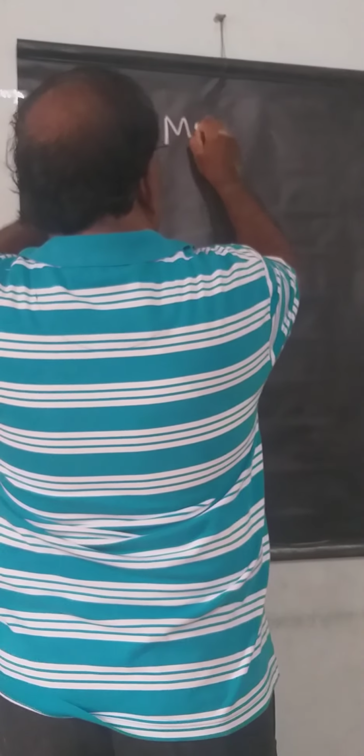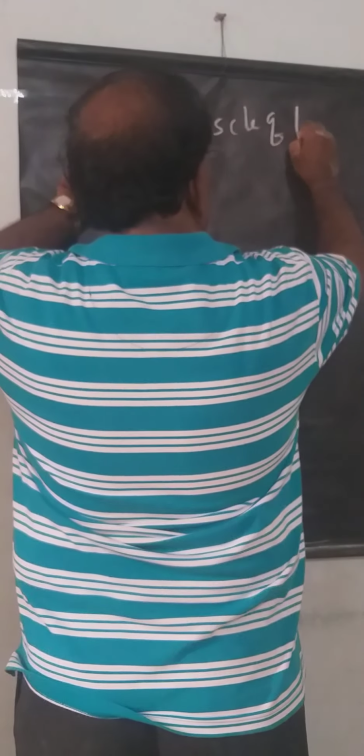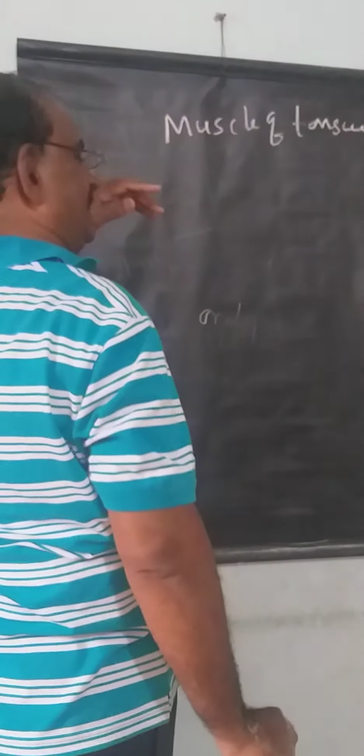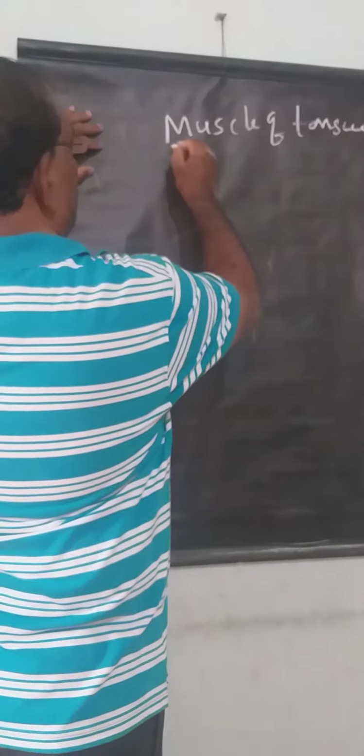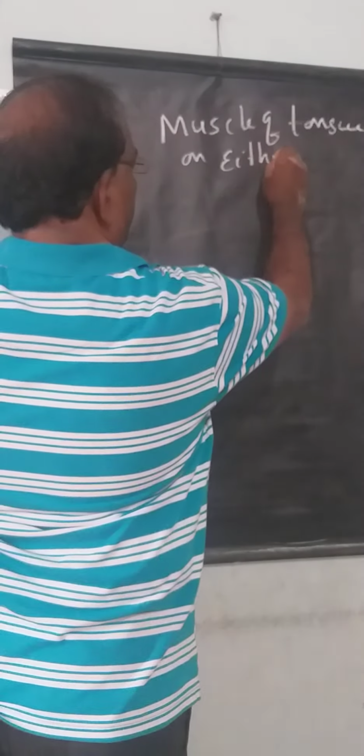These are the things. Now we'll go to the musculature of the tongue. What are the muscles? Muscles of the tongue on either side, on both sides.